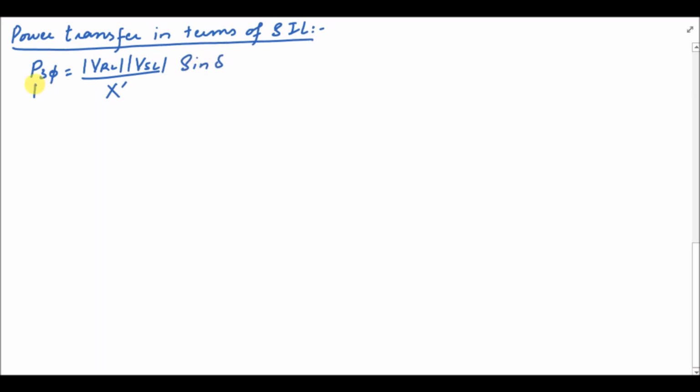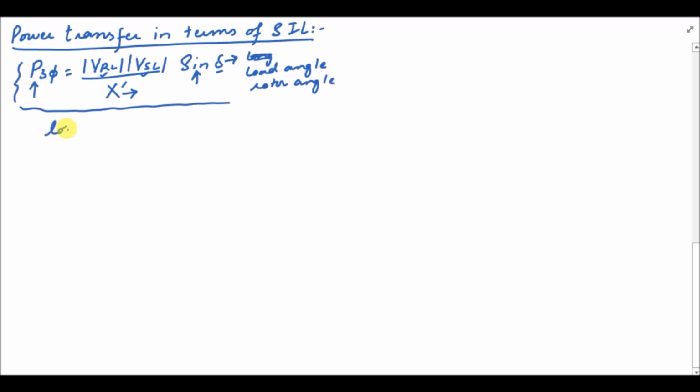So here this real power is equal to the receiving end voltage multiplied by the sending end voltage, divided by X dash, which is the transmission line reactance, and sine delta, where delta is the load angle or rotor angle. This was the formula that we derived for a lossless transmission line.